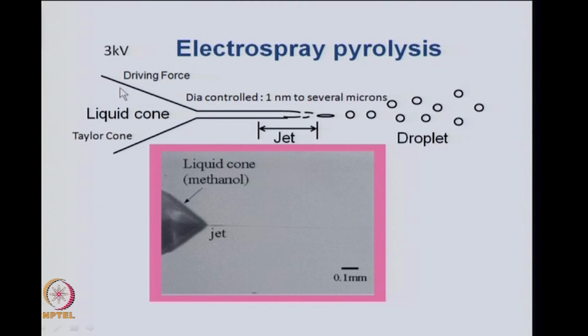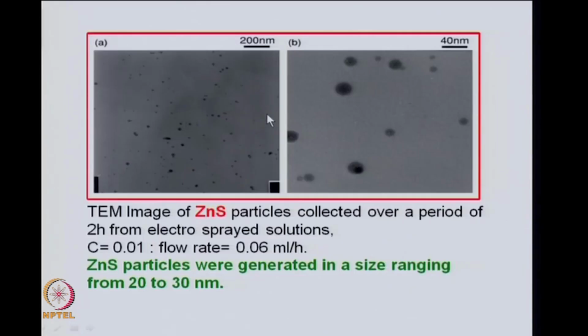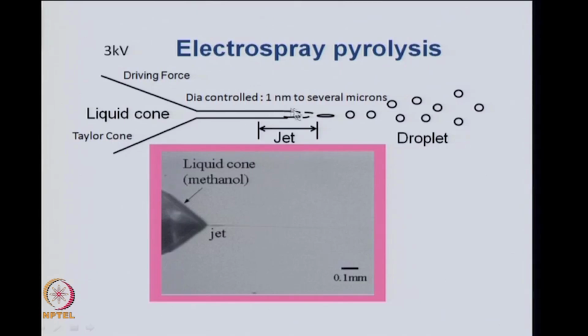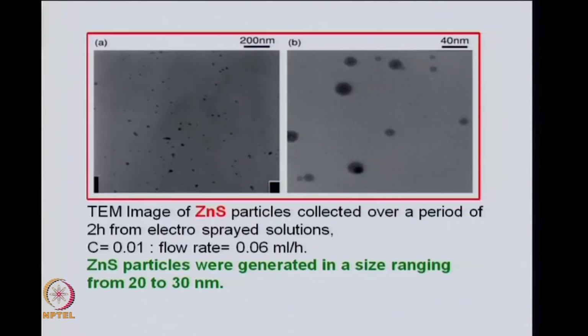This conical shape gives the driving force for the liquid to come out as a jet. This jet can be controlled to make particles from 1 nanometer to several microns, and these droplets, when put on a substrate, will give you small particles like shown here.